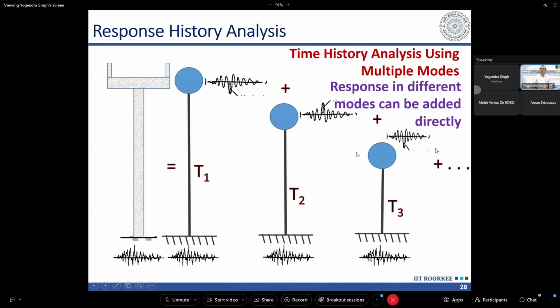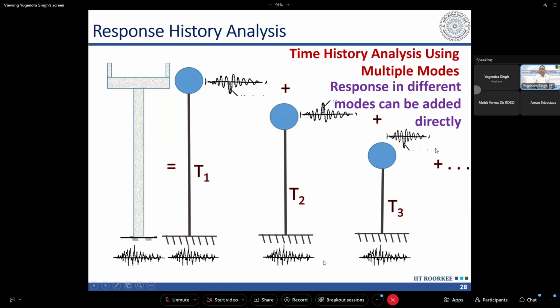So we consider several modes. If we consider all the modes, the analysis of our structure will be the same as we will obtain by direct time history analysis of our structure by considering all the degrees of freedom. The same response we can get if we consider all the modes and subject the single degree of freedom system corresponding to each mode to the same ground motion.